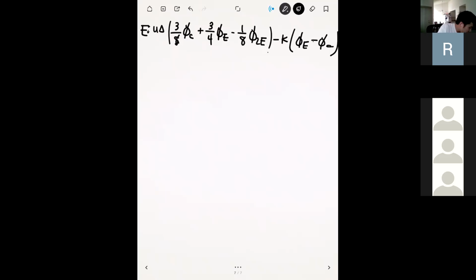So that's the version of our east integral when u is less than 0.